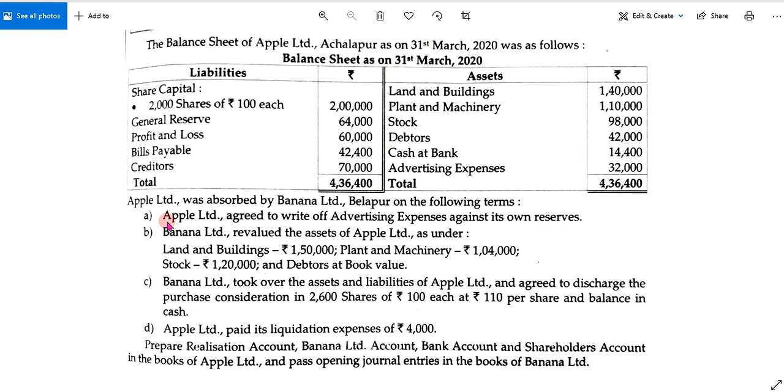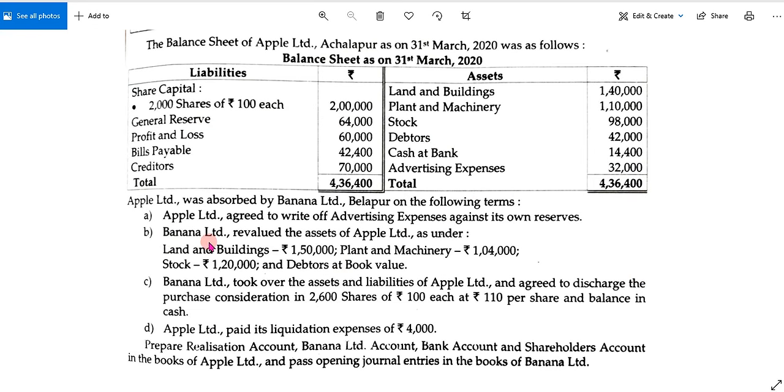So first additional information is given that Apple Limited agreed to write off advertising expenses against its own reserves. So general reserves are given, that means advertising expenses 32,000. So out of 64,000 of general reserves, 32,000 will be less.